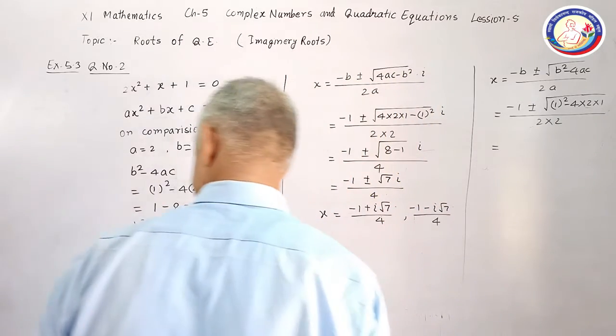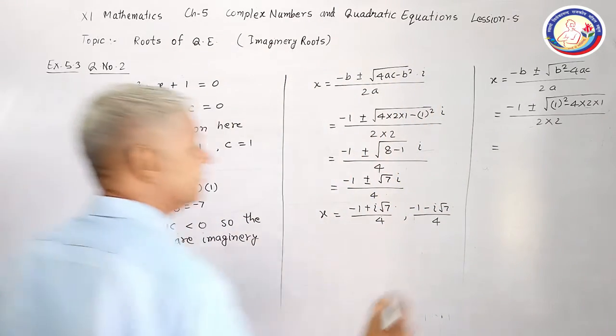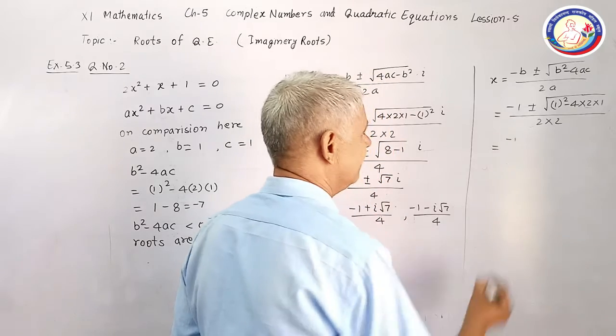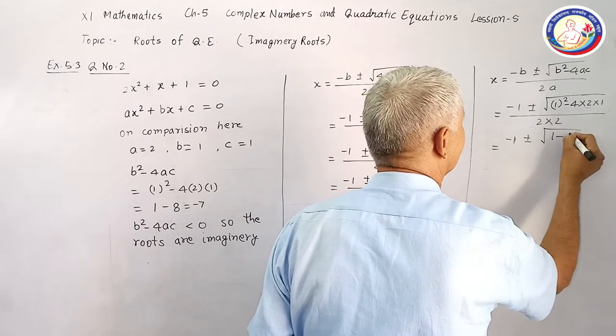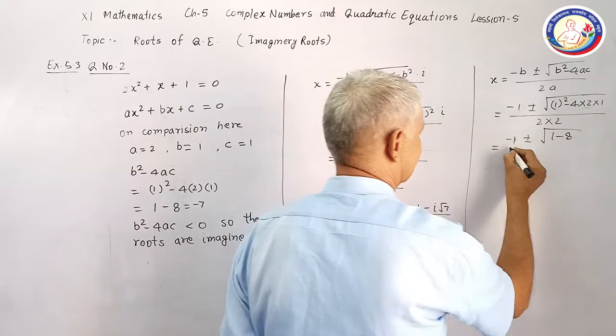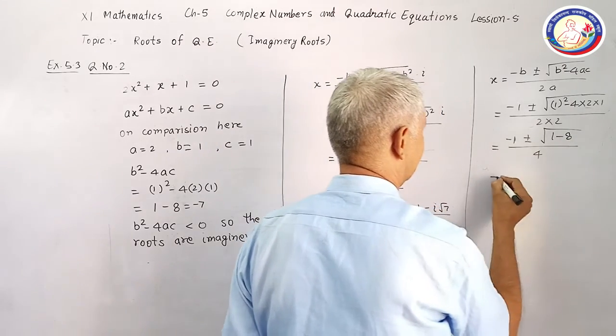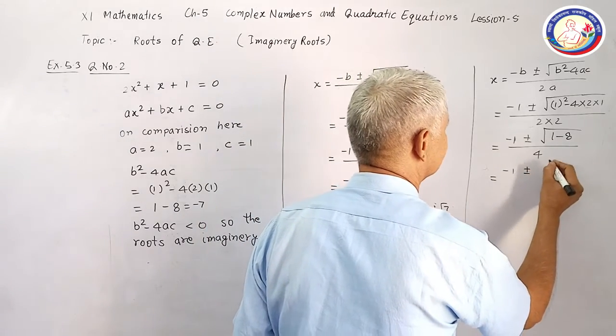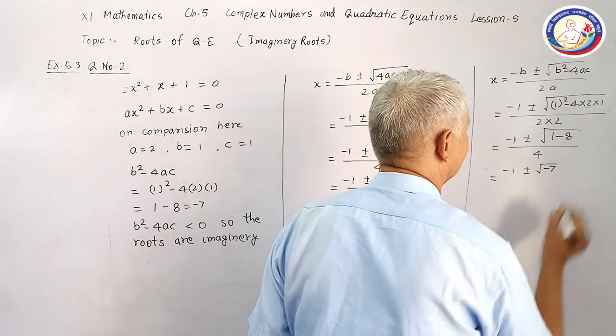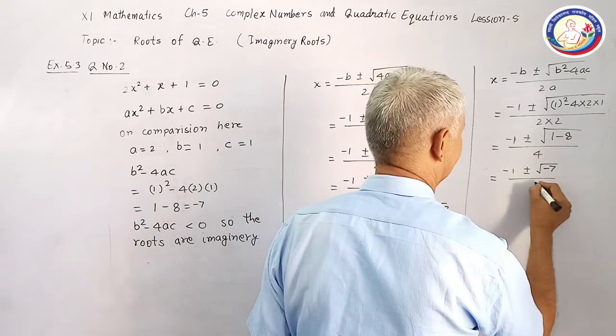This will be minus 1 plus minus square root of 1 minus 8 upon 4. And again, we can write it as minus 1 plus minus square root of minus 7 divided by 4.